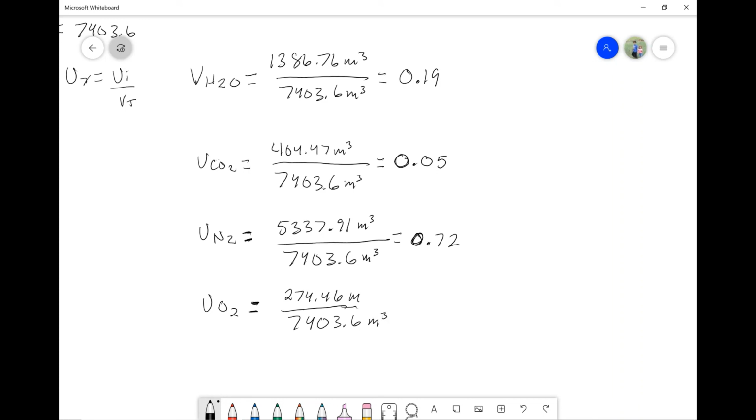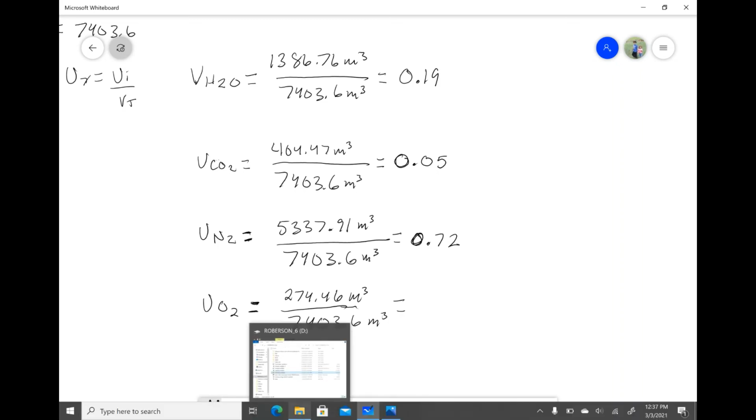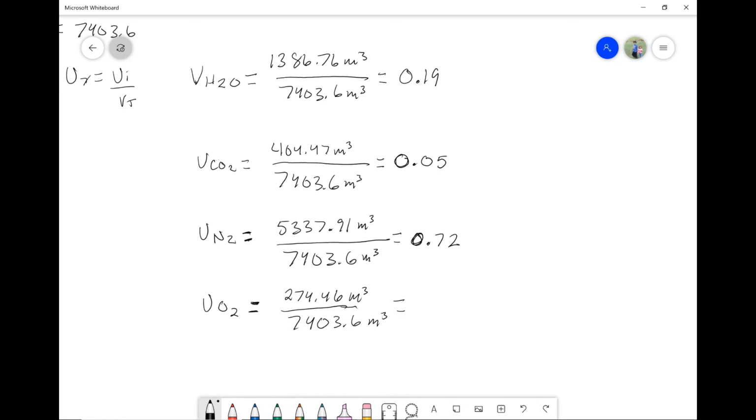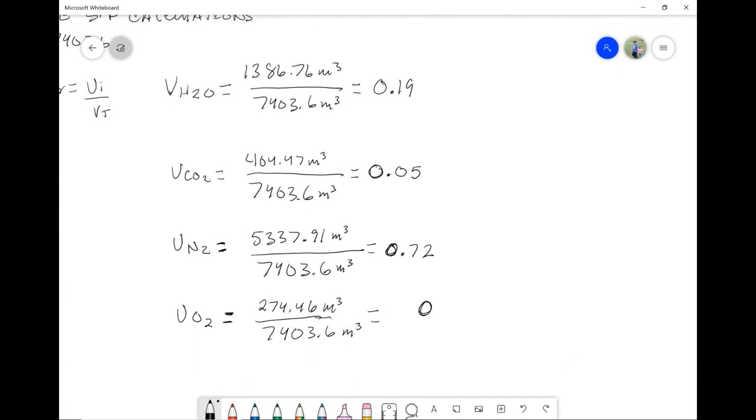Getting sloppy. And so 274.46 divided by 7403.6, and I got roughly 4%. So 0.04.